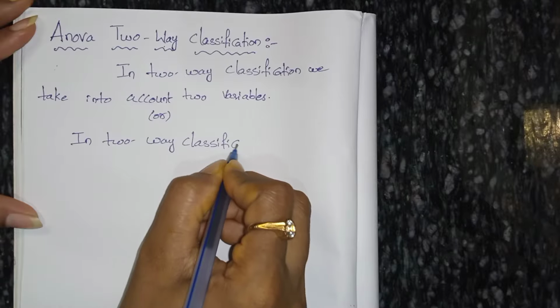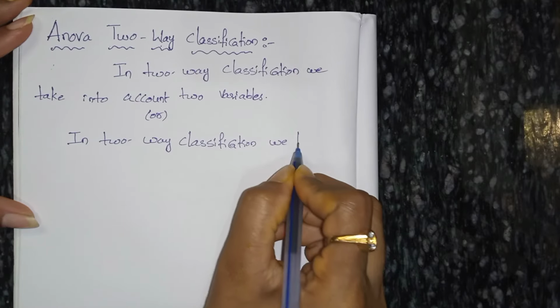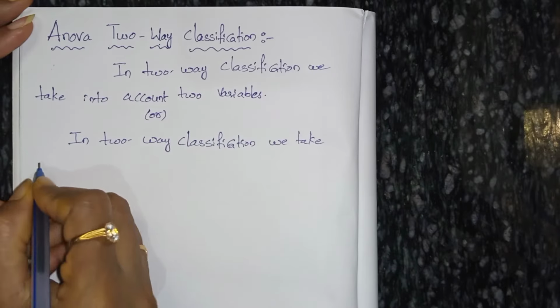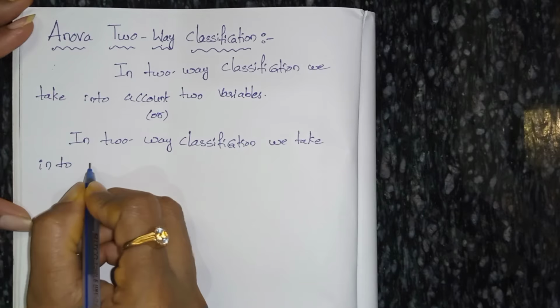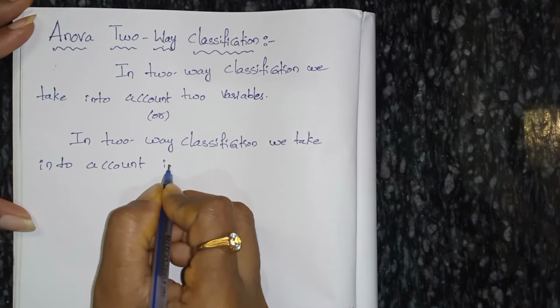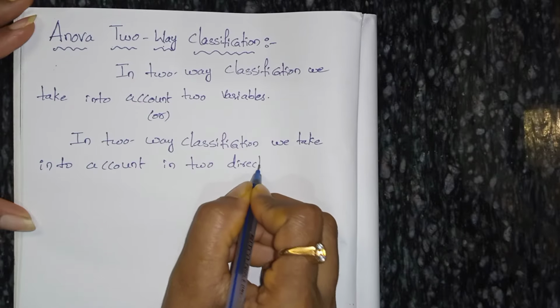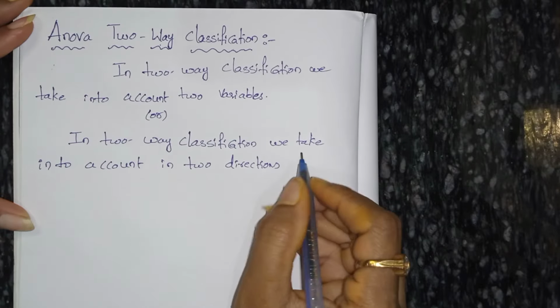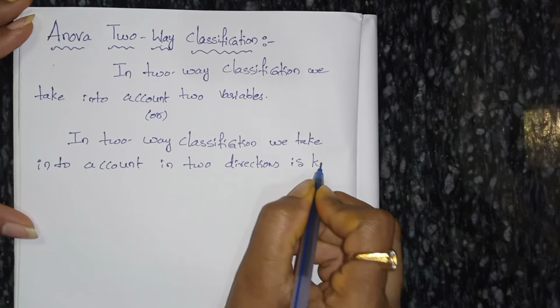In two-way classification, we take into account two directions.